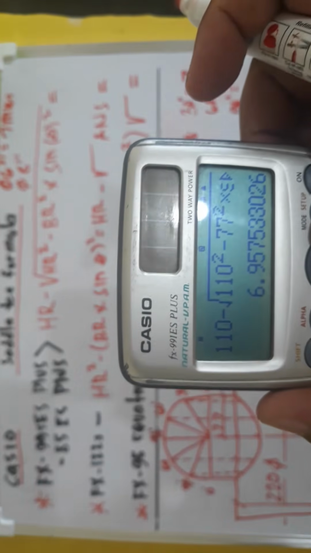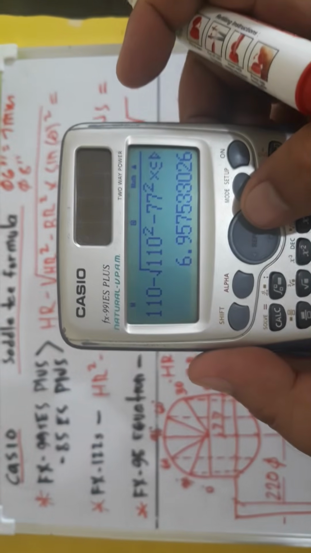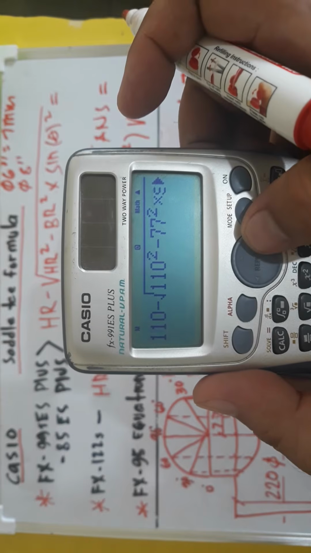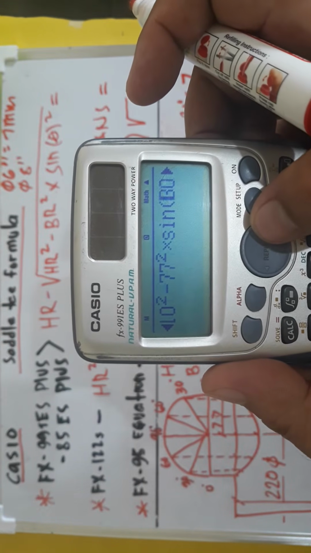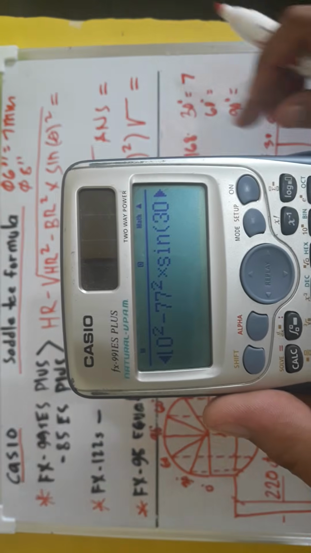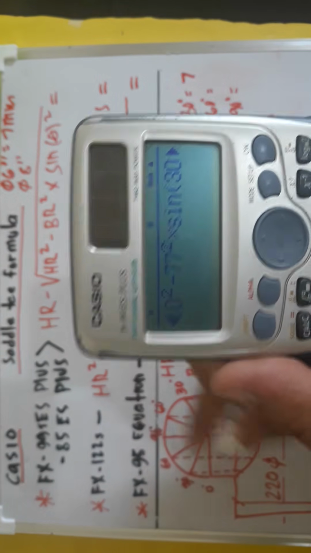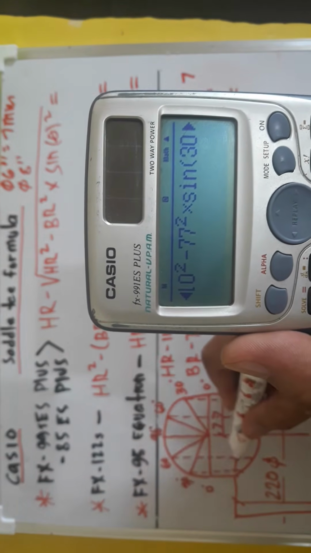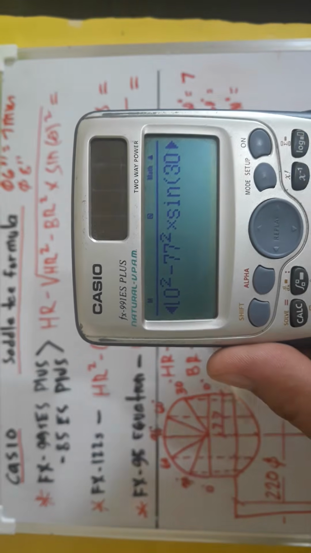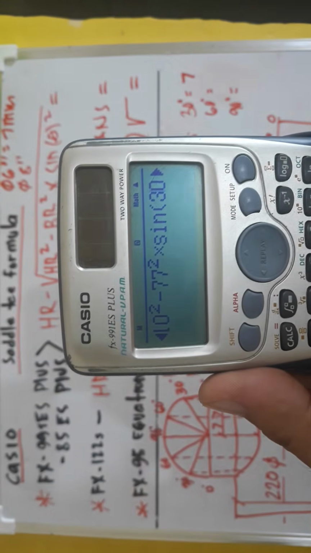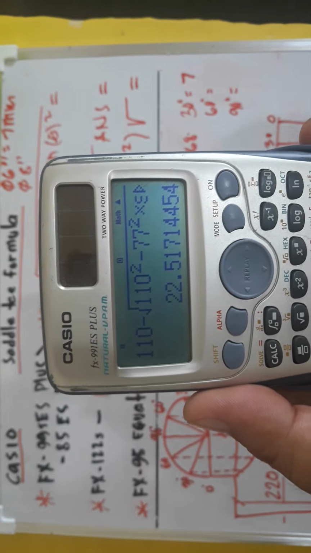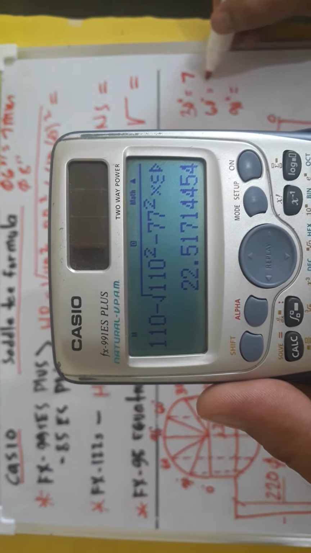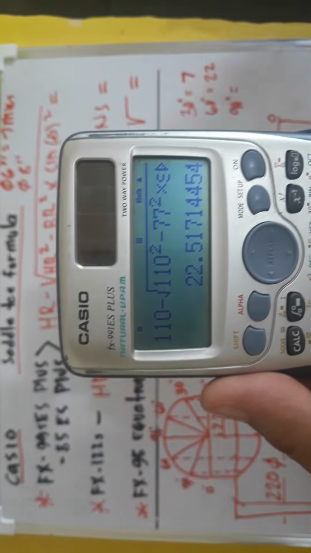And for the next, just change the degrees. So we change it into 60, so that we can find this dimension. So you change it into 60, and the answer is 22.5, or let us say 22.